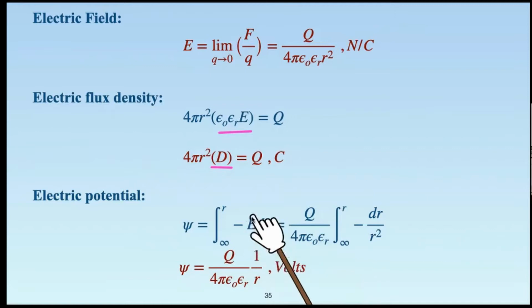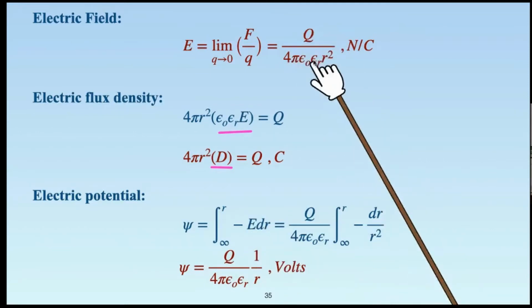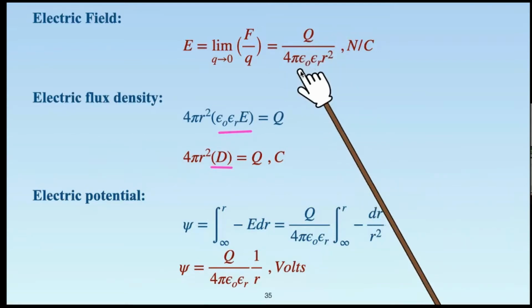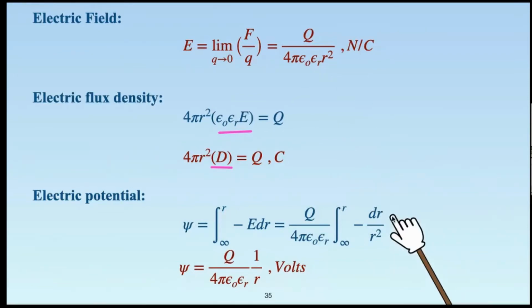We substitute the expression for E from here. In this case, all other parameters are constant. The charge is constant, the source charge, and 4 pi epsilon 0 epsilon r are constant depending on the permittivity of the medium. So what remains is the integration of minus 1 by r square. It's very easy. It will be equal to 1 by r.